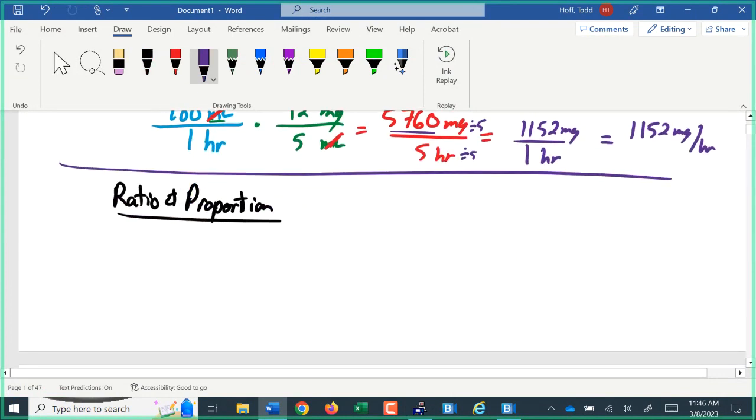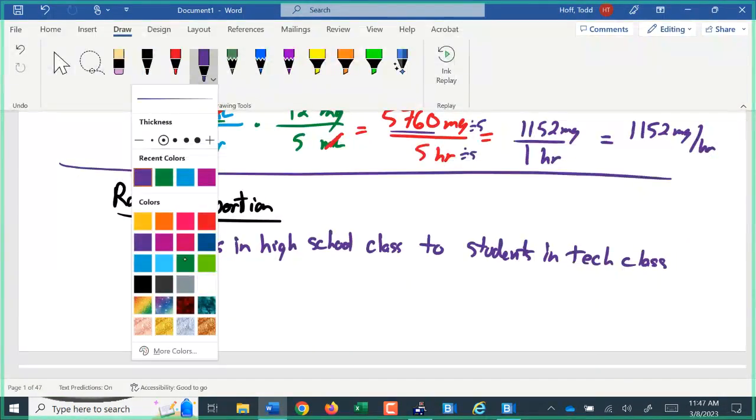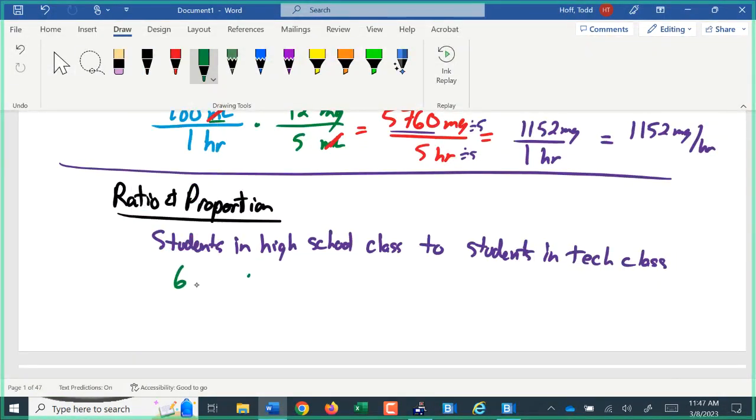Let's look at students, a comparison of students in the high school class, that's you guys, to students in the tech class. So right now we're actually down to 6 students in the high school class and 18 in my tech class.